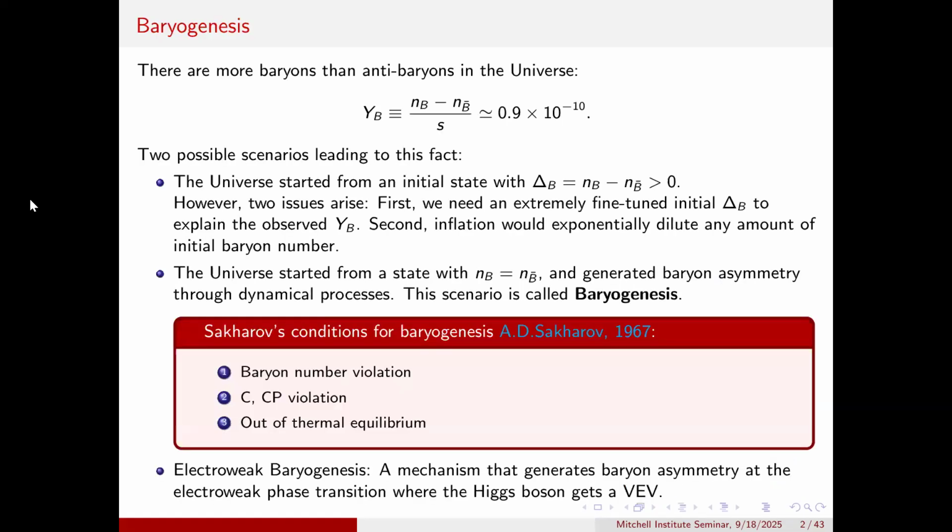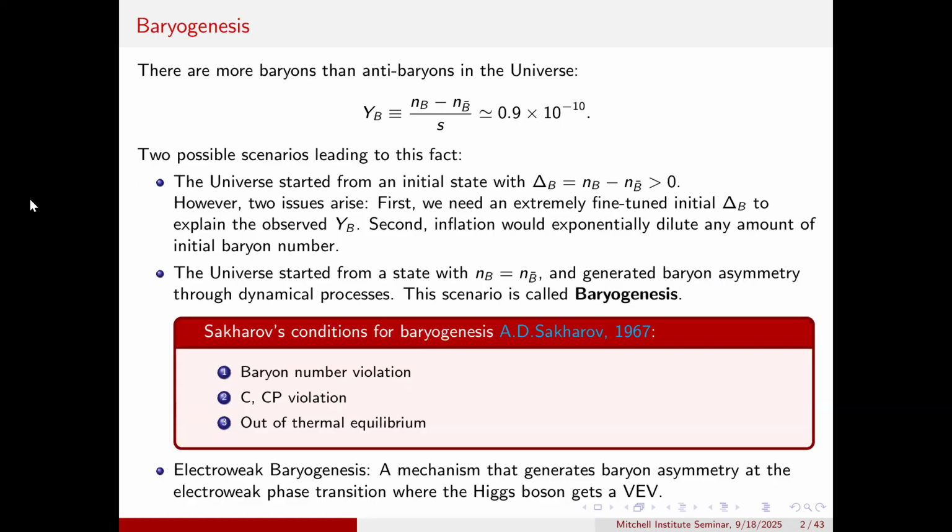Before I get into the specific model, I want to give an overview of baryogenesis. We know that there are more baryons than antibaryons in the universe, which is measured to be this number. There are two possible scenarios leading to this fact.